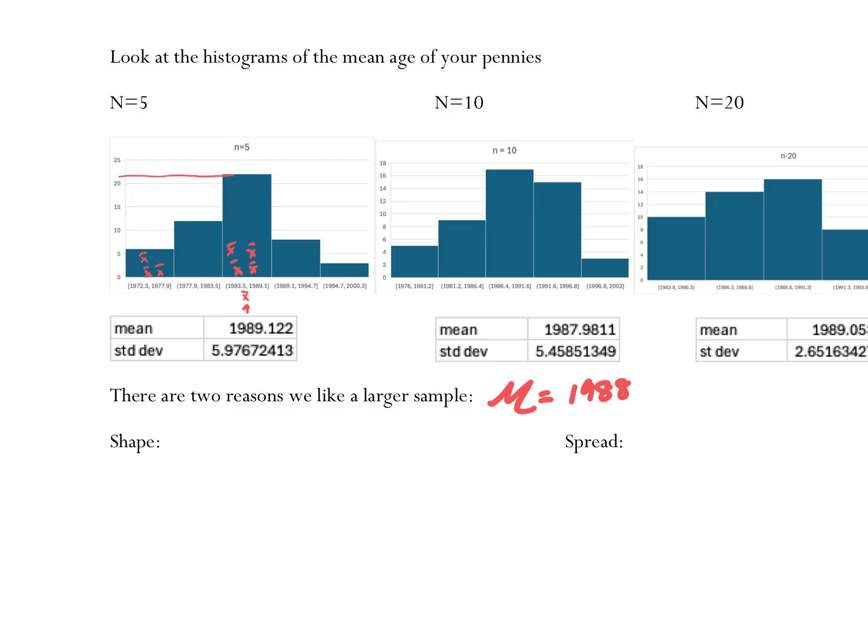All right, what do you notice about the standard deviation? First two are similar, though certainly as my sample size is increasing, my standard deviation is decreasing, yes? All right. So, as n increases, the standard deviation, the standard error, decreases.